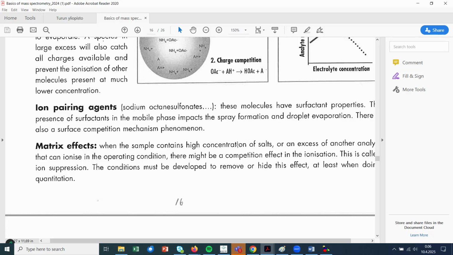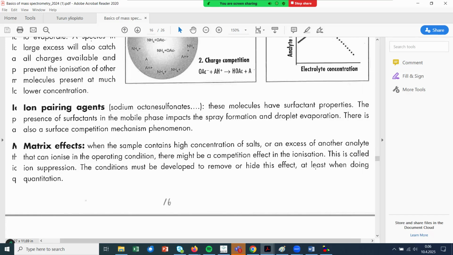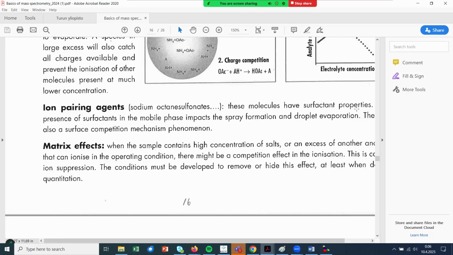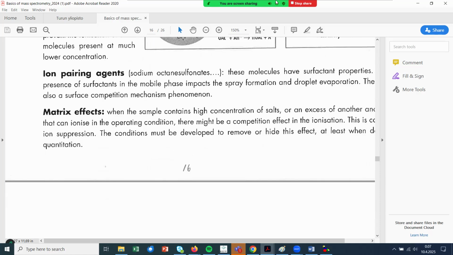This kind of matrix effect is called ion suppression. So the conditions must be developed to remove or hide this effect. One thing is of course to purify and or use chromatography as sample introduction, where there is not that much extra stuff present in the ion source when the ionization is taking place.